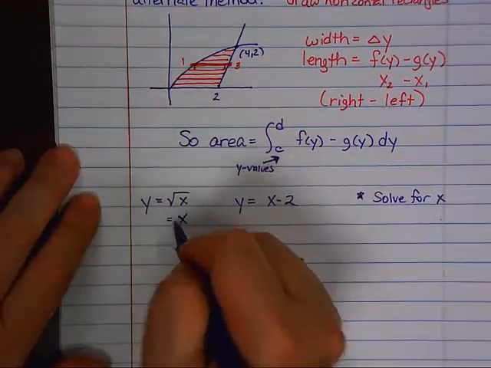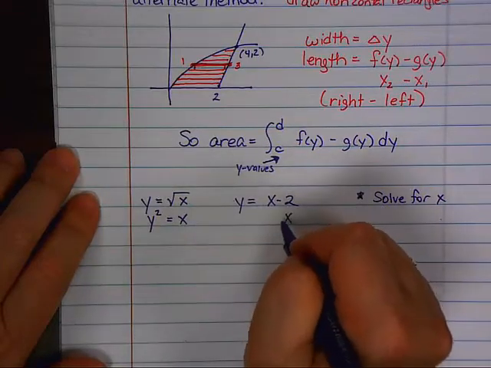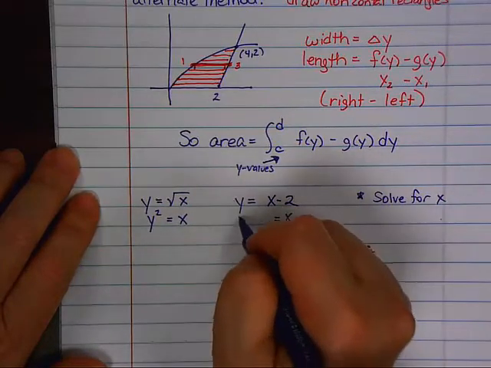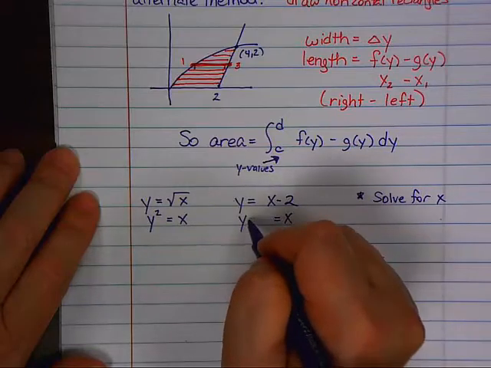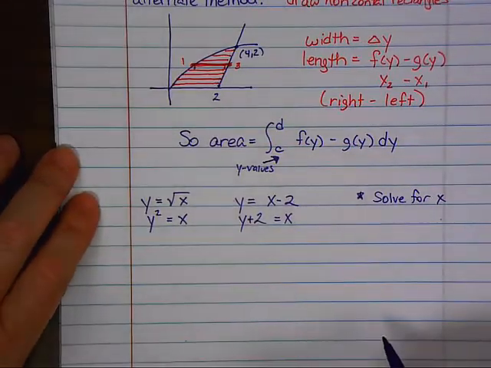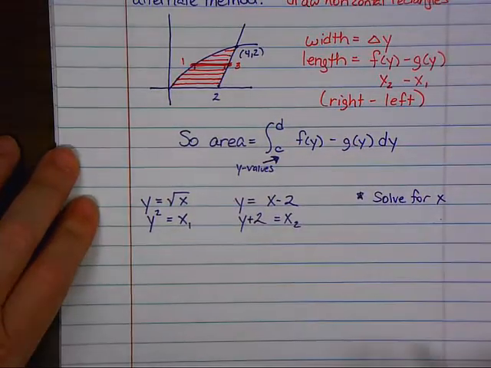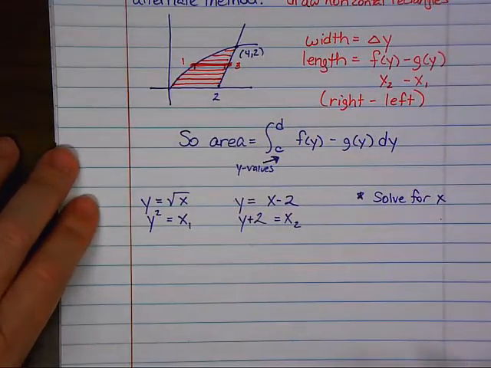What does x equal? Y squared. And the other equation, x equals what? Y plus 2. Okay? Now, because these are not in the calculator, I don't care what you call them. I'm going to call the first one 1 and the second one 2. It doesn't matter. It's just for helping you set up the problem.